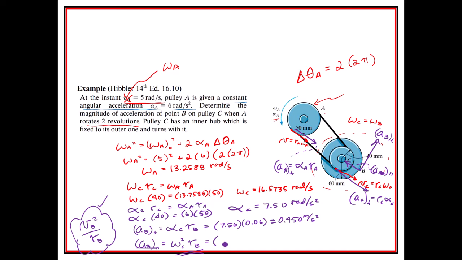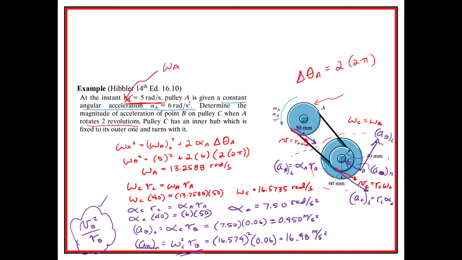And down here we have our 16.574, I could have squared, and 0.06, and this is a much larger number, 16.48 meters per second squared.